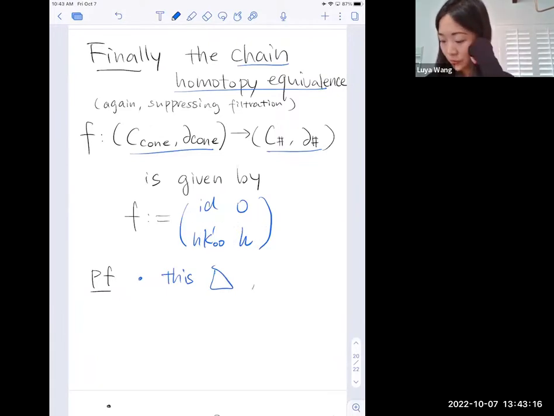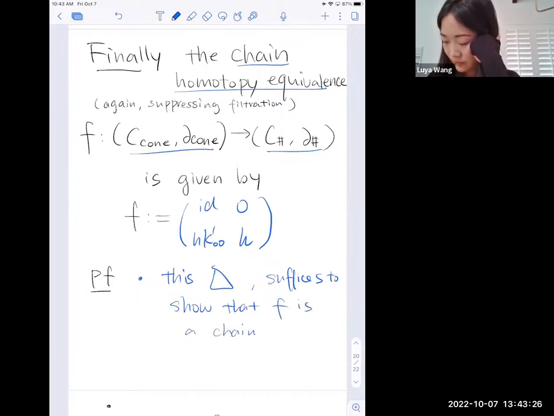So I just need to show, it suffices to show that F is a chain map, i.e. F part cone is F.